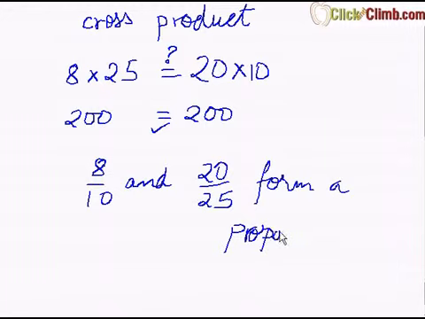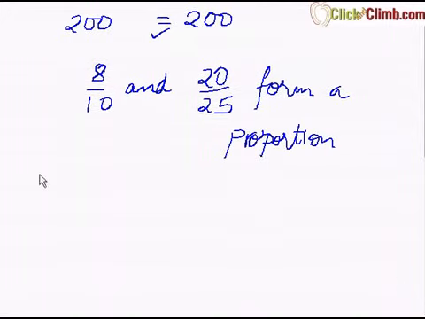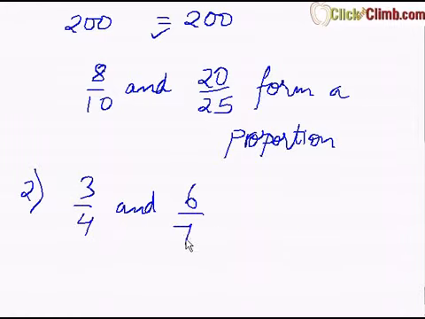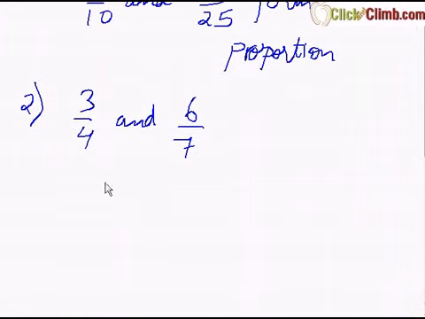Let us take another example. This time the ratios are going to be 3 over 4 and 6 over 7. Again, we are going to use the cross product.